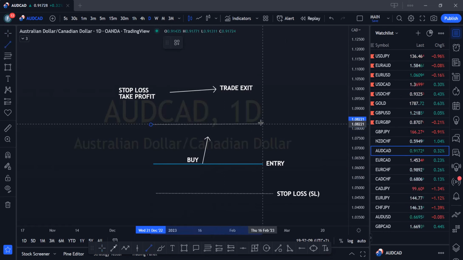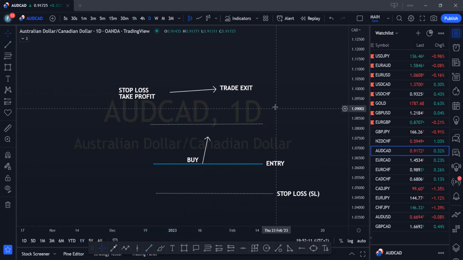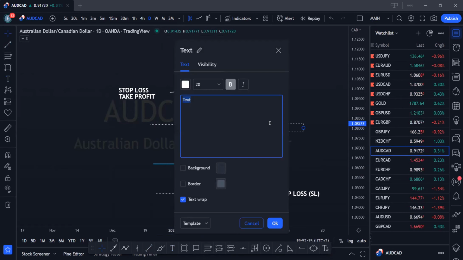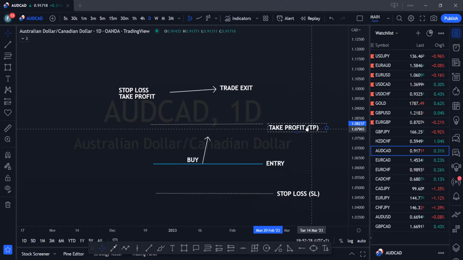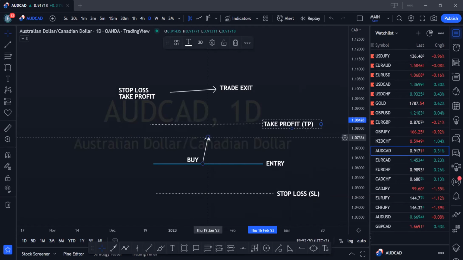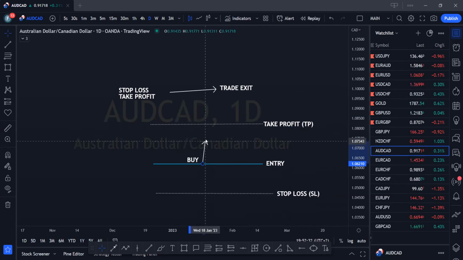A take profit is also an exit point in the market whereby you want to exit the trade in profits. So when price gets to your take profit, you'll be taken out of the trade in profits. So TP, take profit.